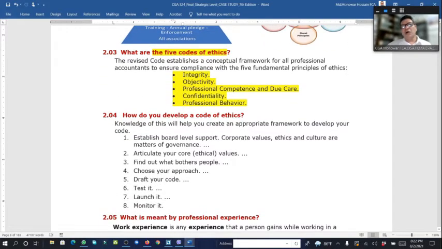So how do we develop a code of ethics within the organization? We have to develop it. That means increase the corporate value, ethics and cultural matters, and establish corporate governance within the organization. And we have to find the right people for the right place in the organization.